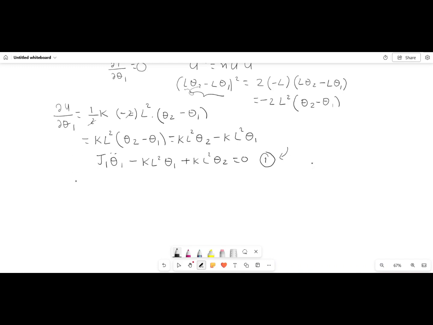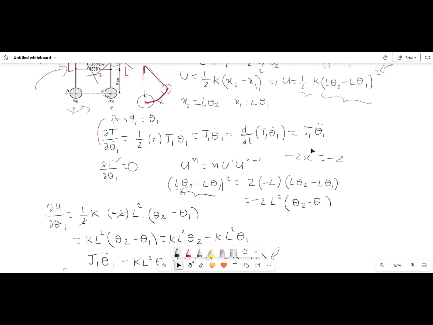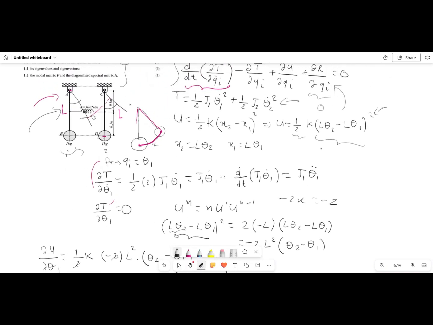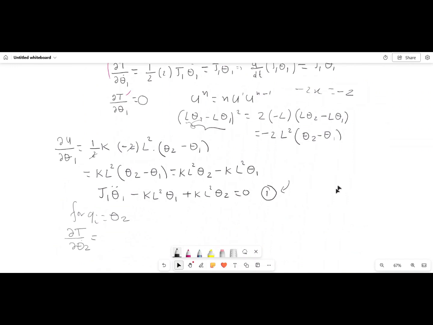Okay, now let's go for qi, which is theta 2. The same applies. We will take partial with respect to theta dot 2. Now we scroll up to the formula sheet and check where we have theta dot 2. It is this one. This guy here is a constant, so we don't have to even worry about it. It will be 0. Now, how do we do it?